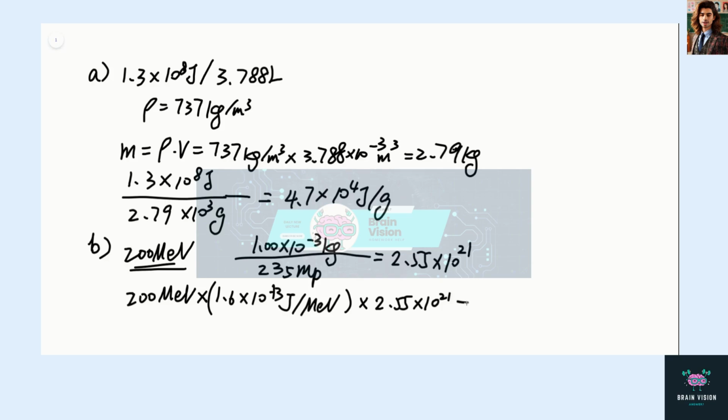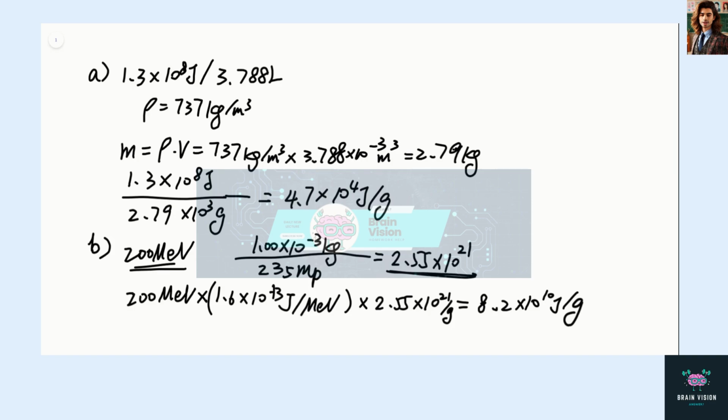Yeah, so 2.55 times 10 to the 21 is the amount of nuclei in each gram. So we already have gram over here, and so this is per gram. Finally, we get 8.2 times 10 to the 10th joule per gram as the amount of energy produced per unit mass.